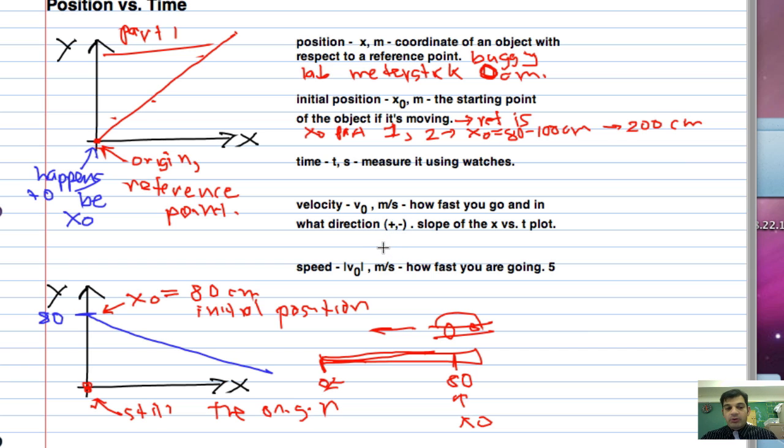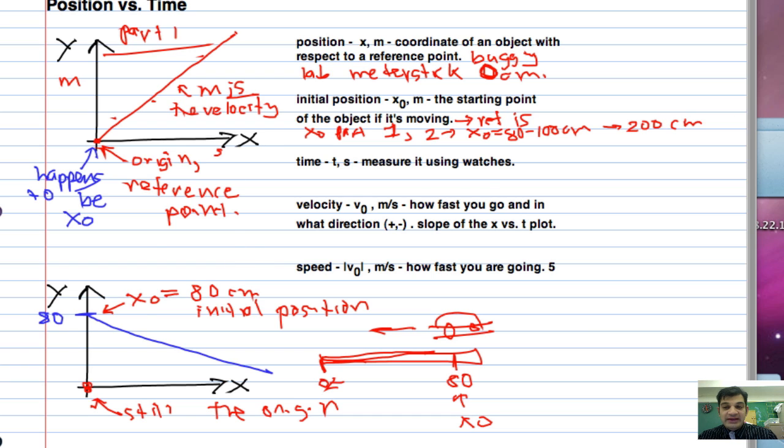Now, the important thing you really should have got from this Buggy Lab, when you look at your definition of slope, is that the slope of this line is the velocity. We said slope is rise over run. If you notice, the units of rise are meters and the units of run are seconds.